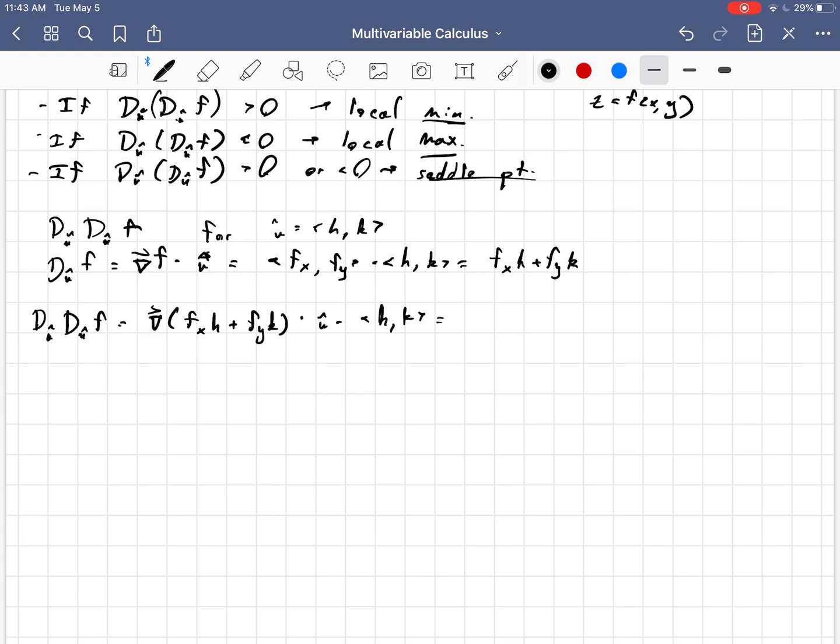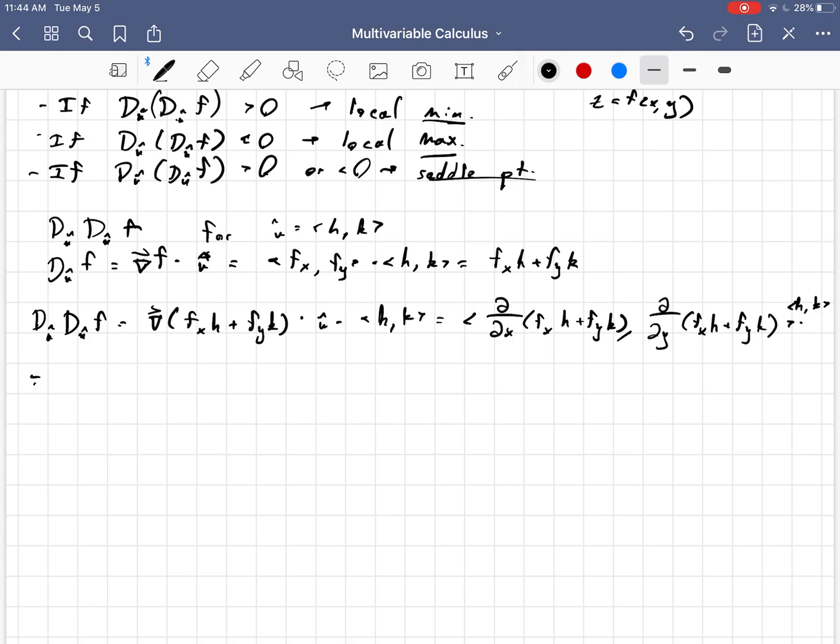So now, when we do this, we get the vector: the partial derivative with respect to x of f sub x h plus f sub y k, comma, the partial derivative with respect to y of f sub x h plus f sub y k. And then that will be dotted with h comma k once again.